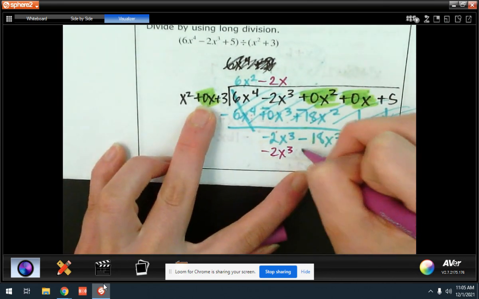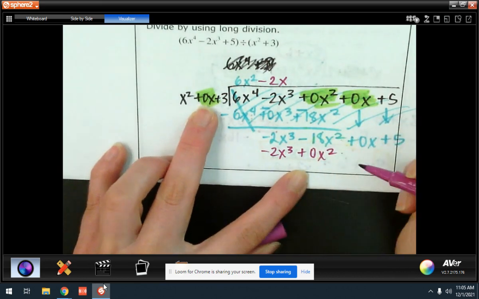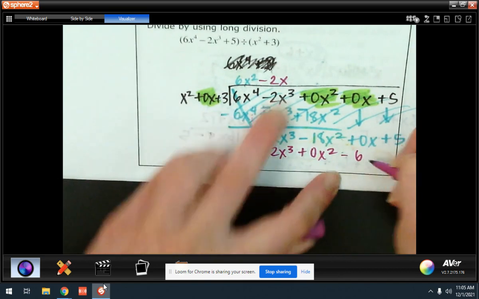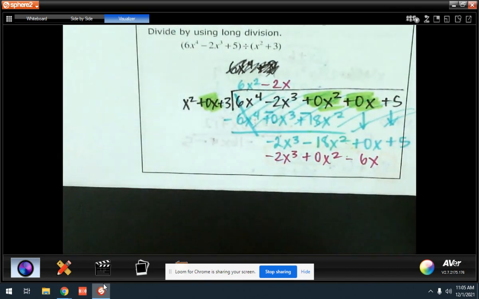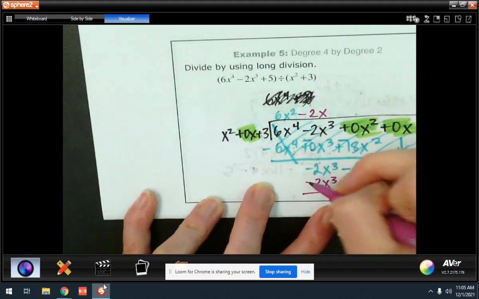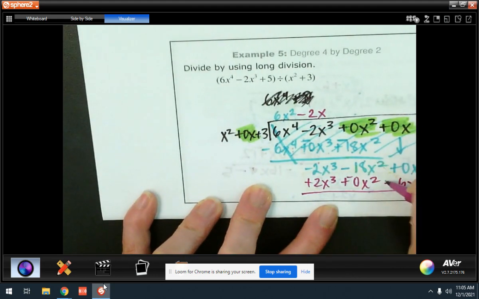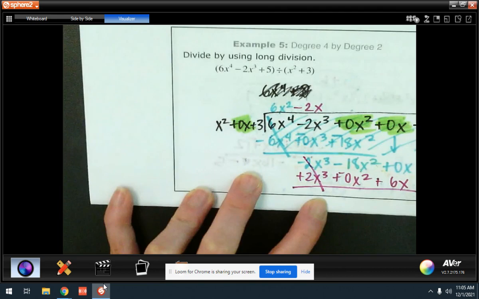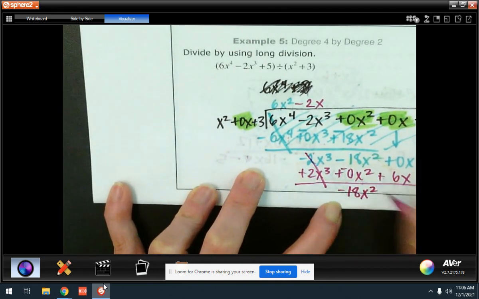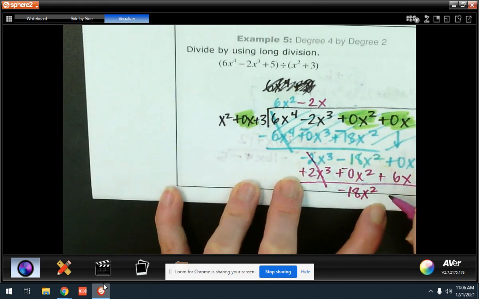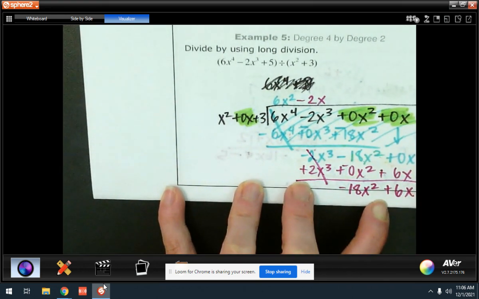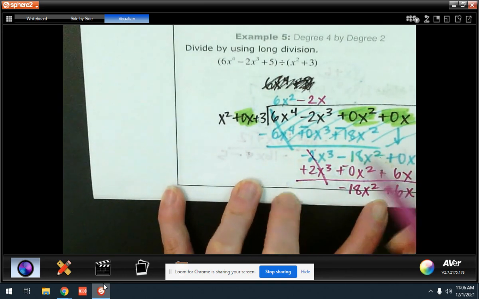Negative 2 times 0 is just 0 for the x squared term. Then negative 2 times 3 is negative 6 with the x. Draw your line. Change your signs. Negative 18 minus 0 is negative 18 for the x squared term. 0 plus 6 is just 6 for the x term. And then we have that plus 5.